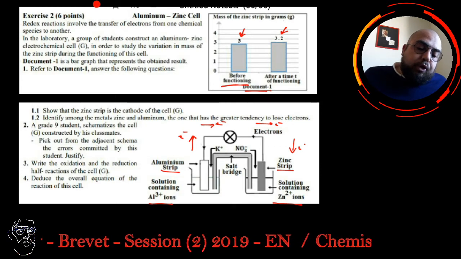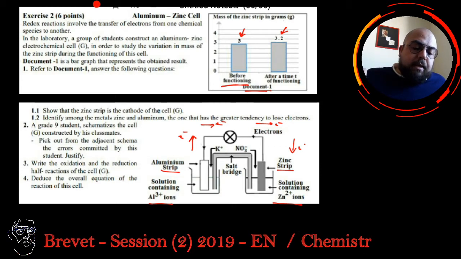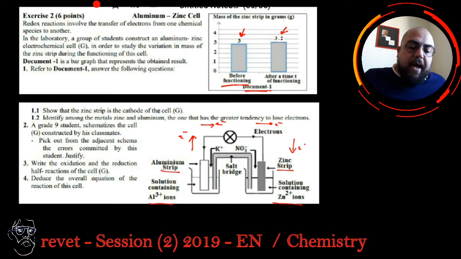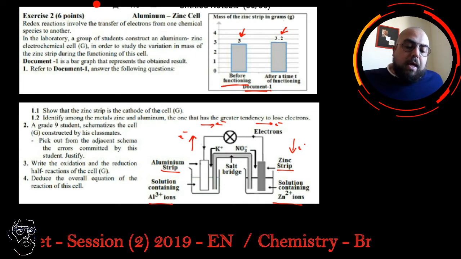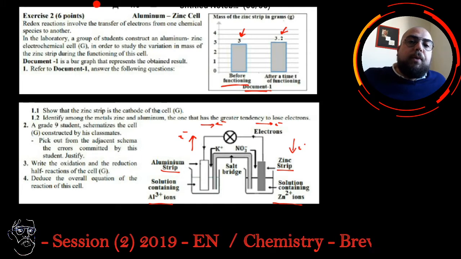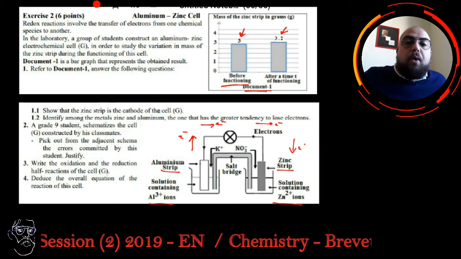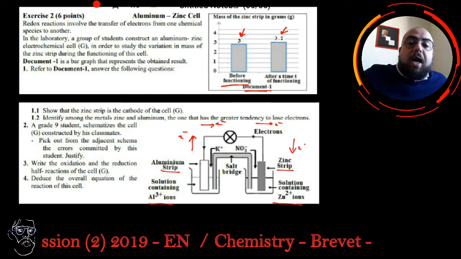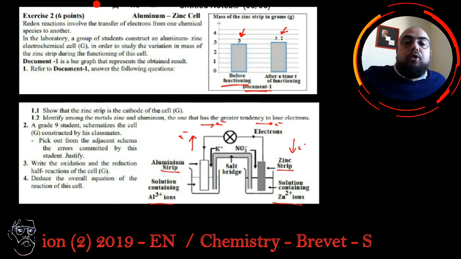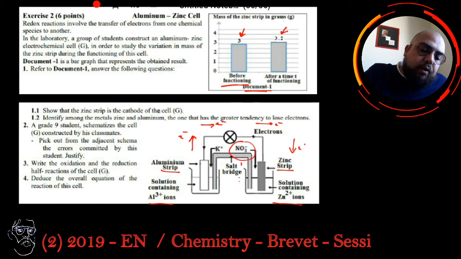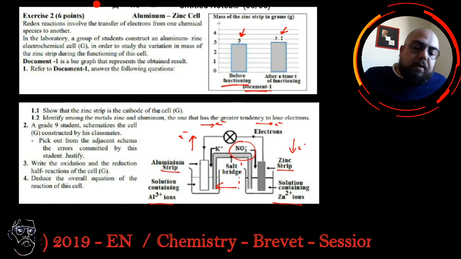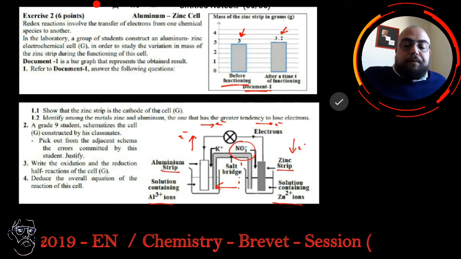As for the salt bridge, in the part where we have the anode, which is going through oxidation, the concentration of Al3+ is increasing, so the positive charges are increasing. I need negative charges to create equilibrium, so NO3 minus should be moving towards the anodic part of the cell.